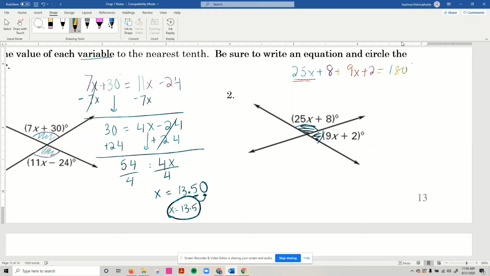I'm going to combine some like terms and get 34x plus 10 is equal to 180.